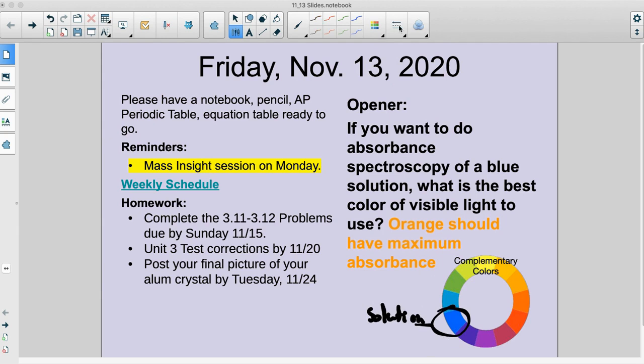So opposite there, this color should be absorbed most, because here the blue solution absorbs the orange and then transmits all that blue color to your eyeballs, and that's what you see.